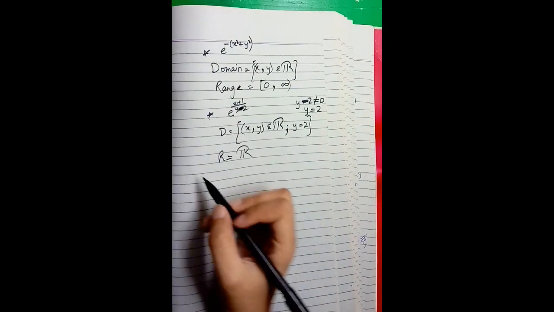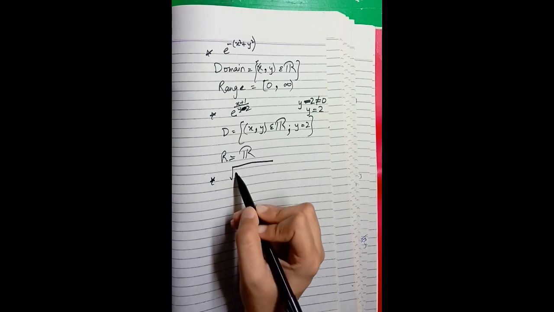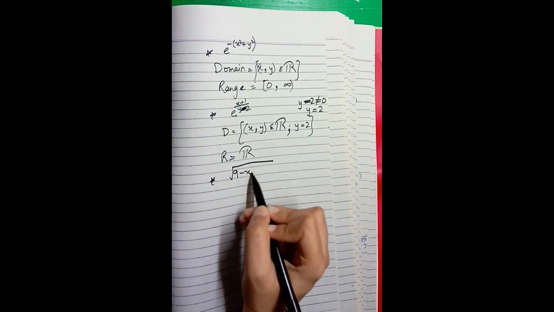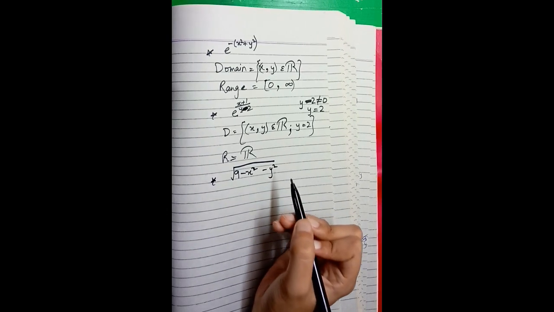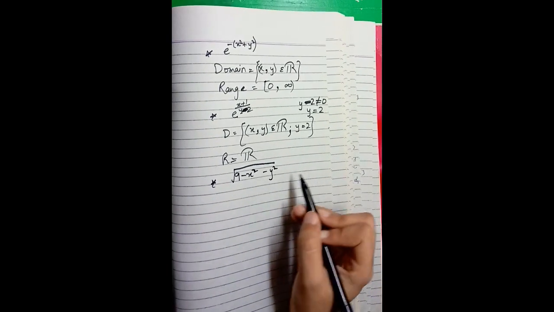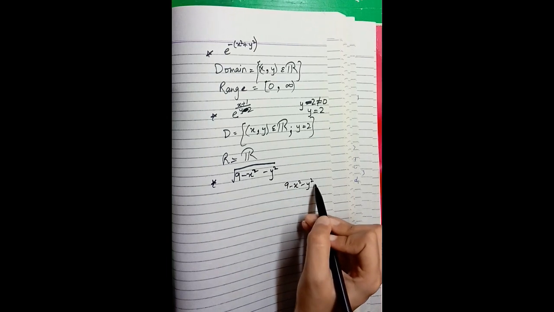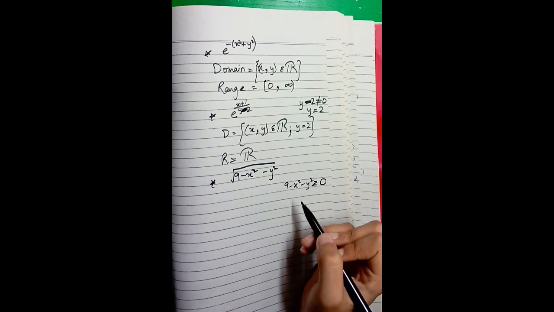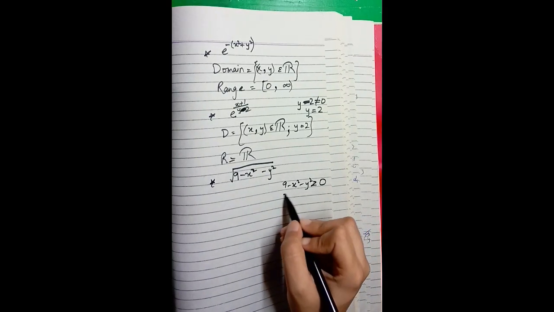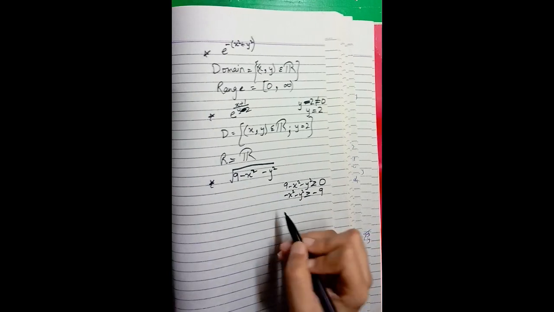We are taking one more example, and the last example, which is very important: square root of 9 minus x square minus y square. In this, our condition for the square root is that 9 minus x square minus y square should be greater than or equal to 0. Which means that minus x square minus y square should be greater than or equal to minus 9.